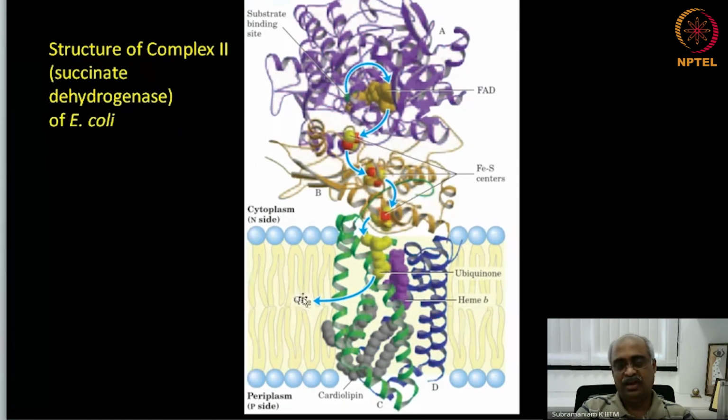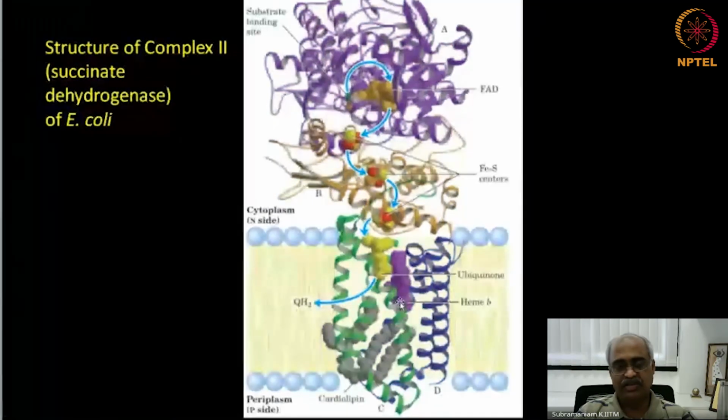And this heme B located here is not accepting or donating electrons, it is not in the path of the electron flow. People believe that this prevents leakage of the electrons in this pathway, and if that leakage is not blocked, the free radicals formed through the free availability of electrons end up creating damage to the membrane and other proteins.